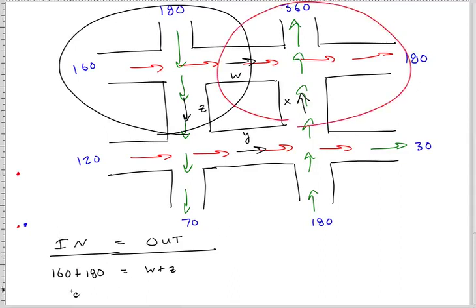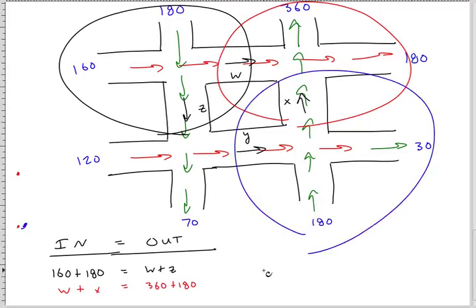The next one I have is in W and an X, but going out would be the 360 and the 180. Let's use more colors. Let's do this intersection right there. So going in, I have a Y and a 180. Going out, I have an X and a 30.